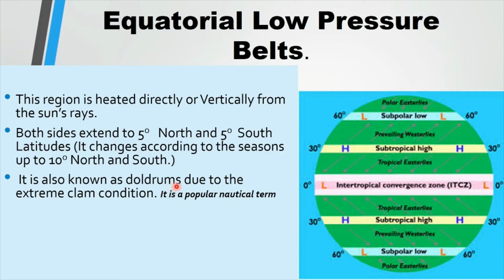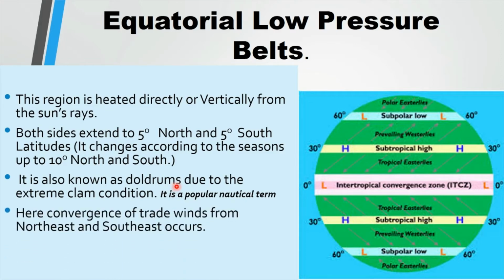This may be an important question for you. So I told you about the ITCZ. You will be asking, what do you mean by ITCZ? You can explain that it is the Intertropical Convergence Zone and it lies in the equatorial low pressure belt. It is due to the convergence of trade winds from the northeast and southeast.